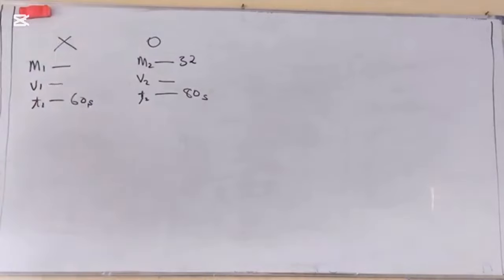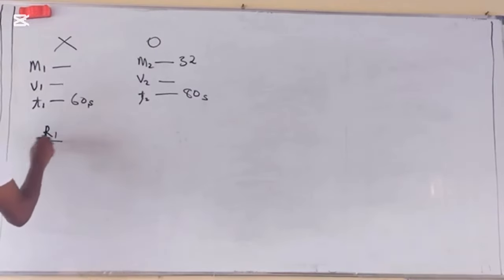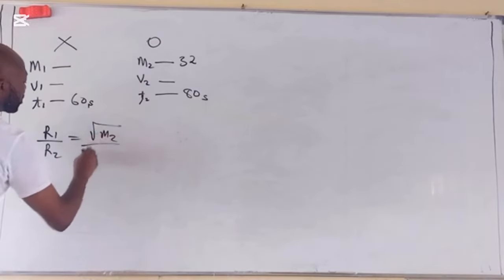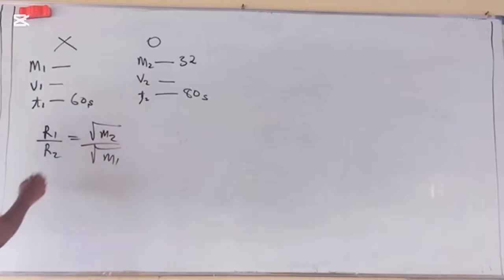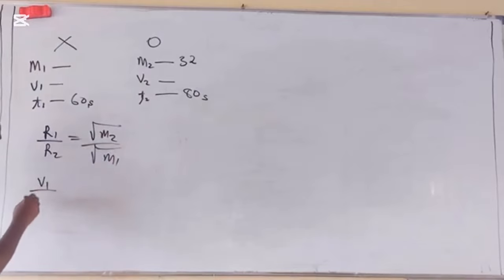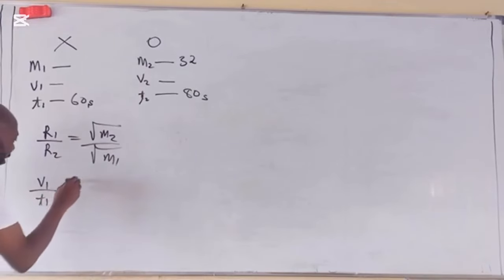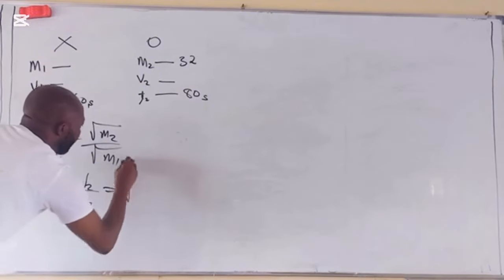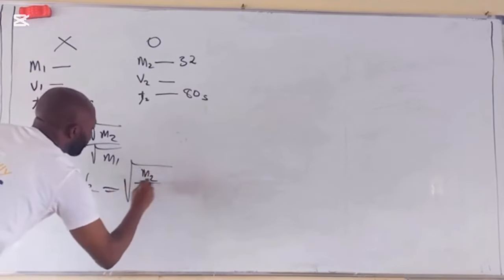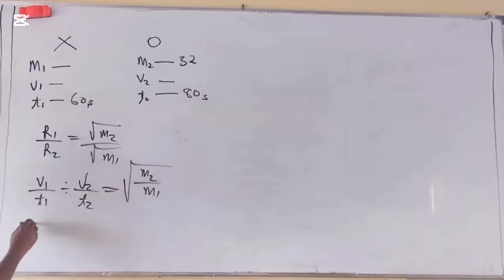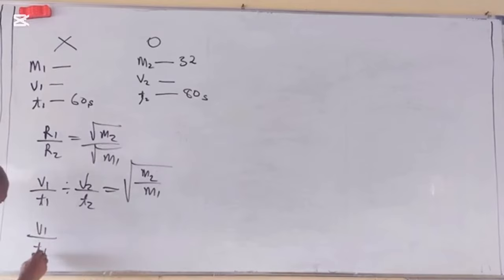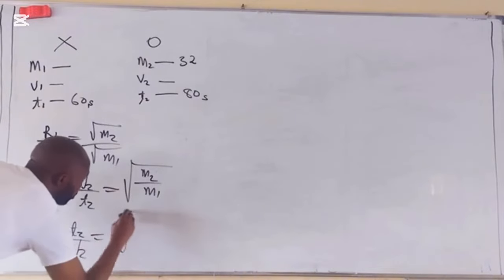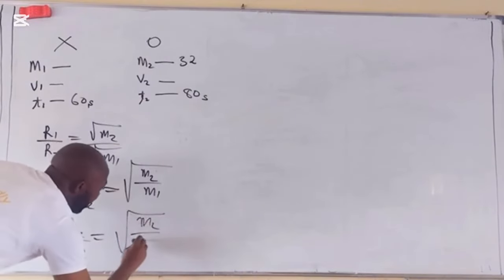So starting with the formula, R1 over R2 is equals to the root of M2 over the root of M1. R1 is V1 over T1 divided by V2 over T2 is equals to the root of M2 over M1. And there I have V1 over T1 times T2 over V2 is equals to the root of M2 over M1.